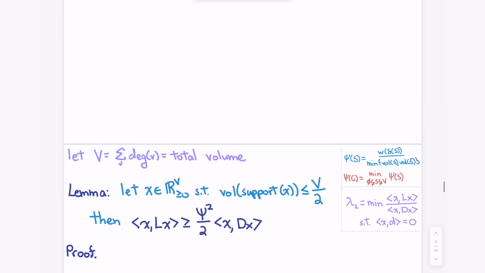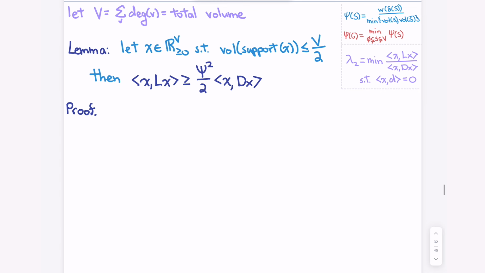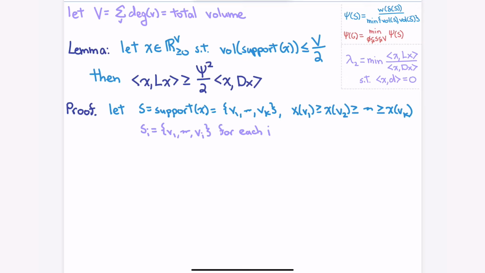Well, let's just do it. Line by line, you may be able to guess several of these steps. Let me first set up some notation. I'm going to number the vertices in decreasing order, and let's say there are k positive vertices out of n possible.